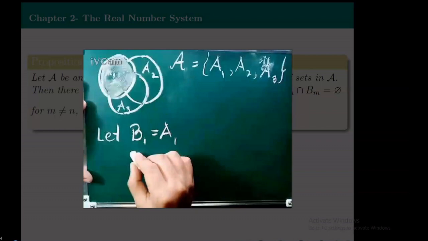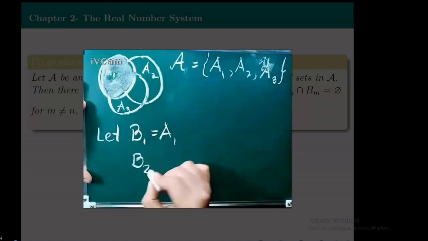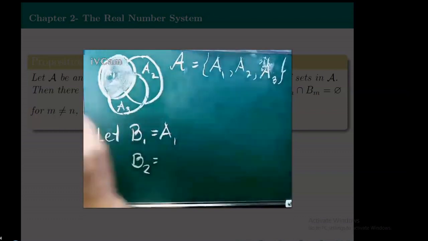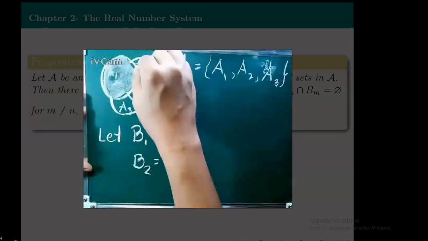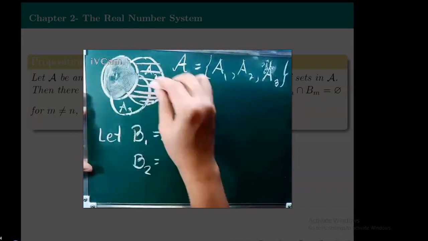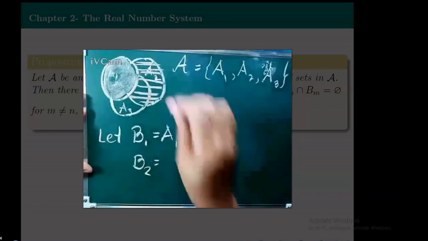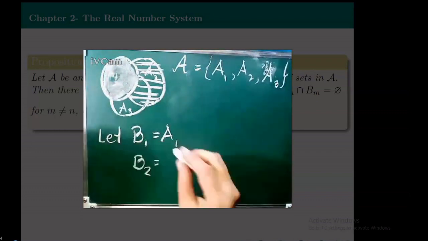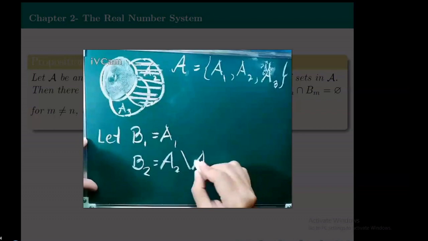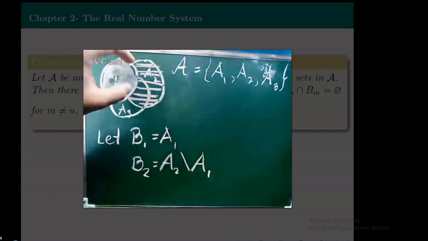And then for our B2, we can let that as this one. So this set is A2 minus A1, right?